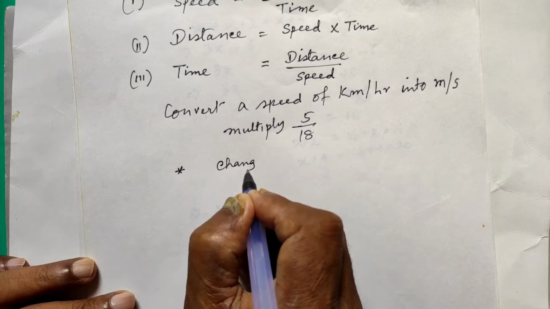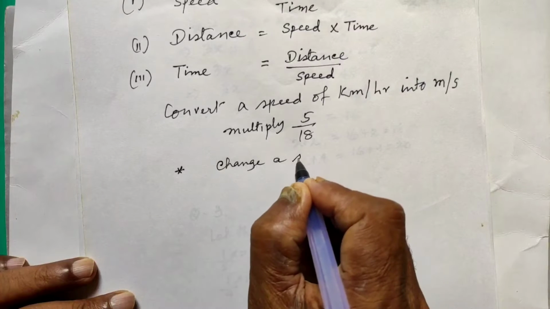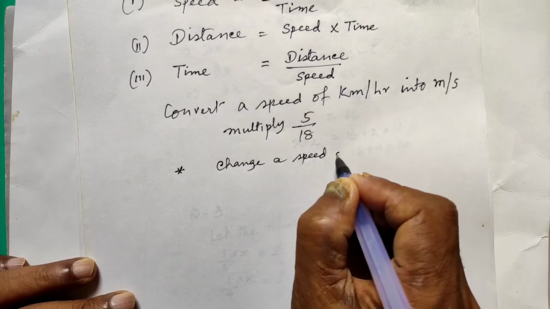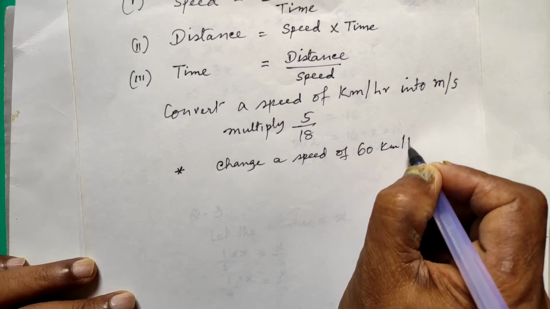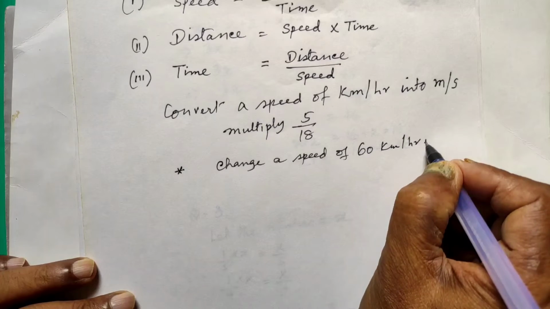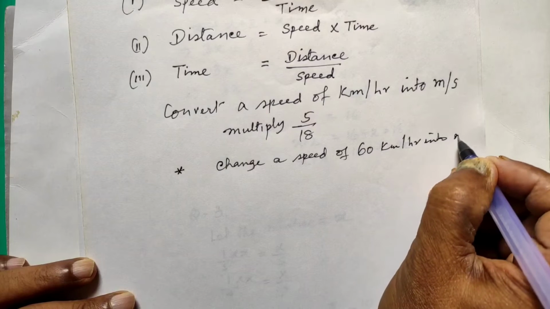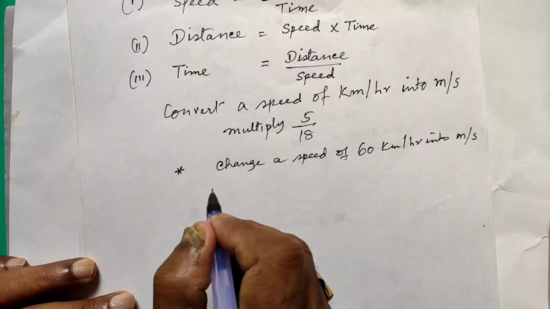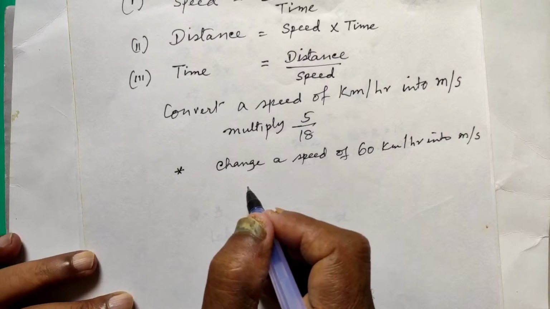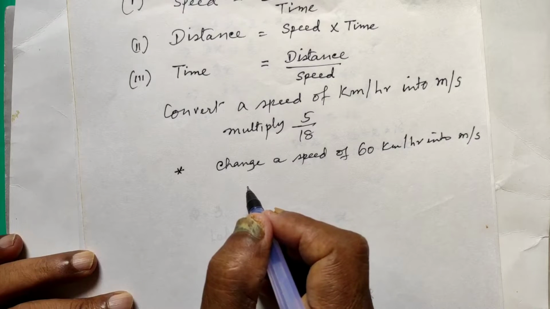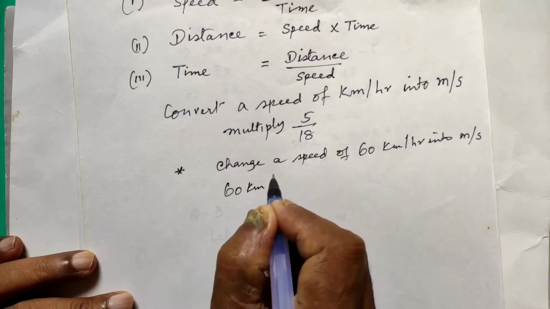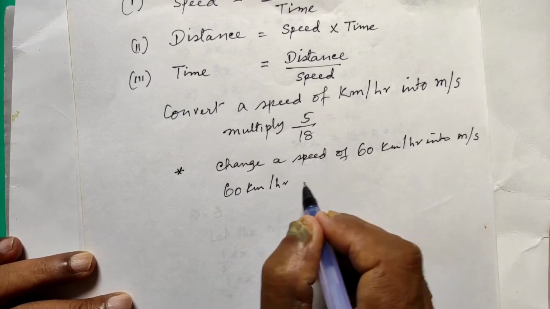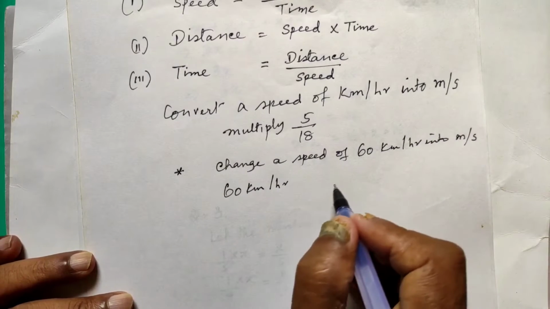Change a speed of 60 kilometer per hour into meter per second. So, 60 kilometer per hour is our problem, and we have to convert it into meter per second, right.